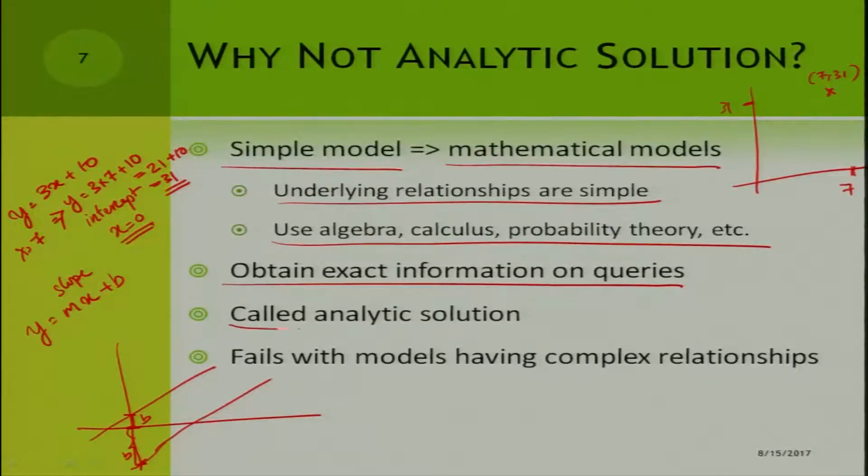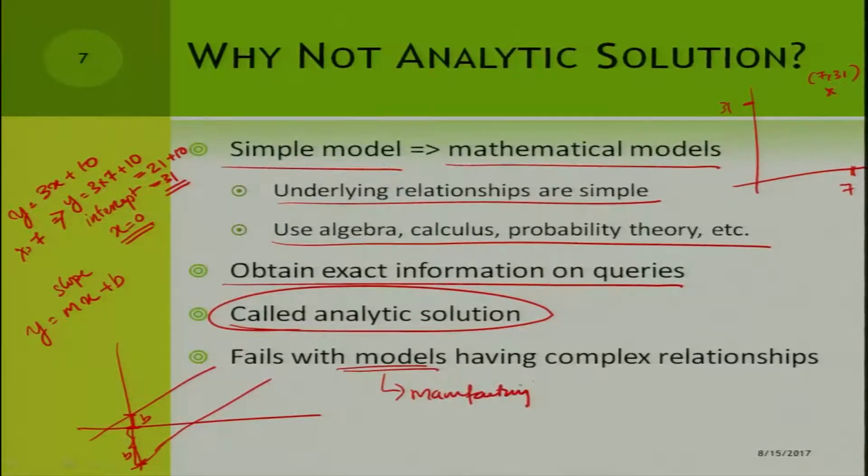So, that type of models actually work beautifully in the case of simple systems, and such solutions are typically called analytical solutions, and these work in simple systems. But with complex systems or complicated models, like a manufacturing system where so many complex relationships are included, then such study is not really an efficient way of doing the analysis.